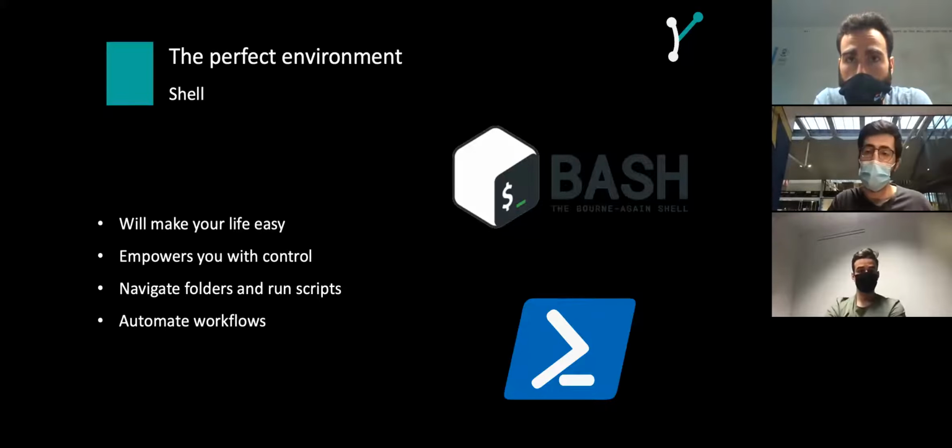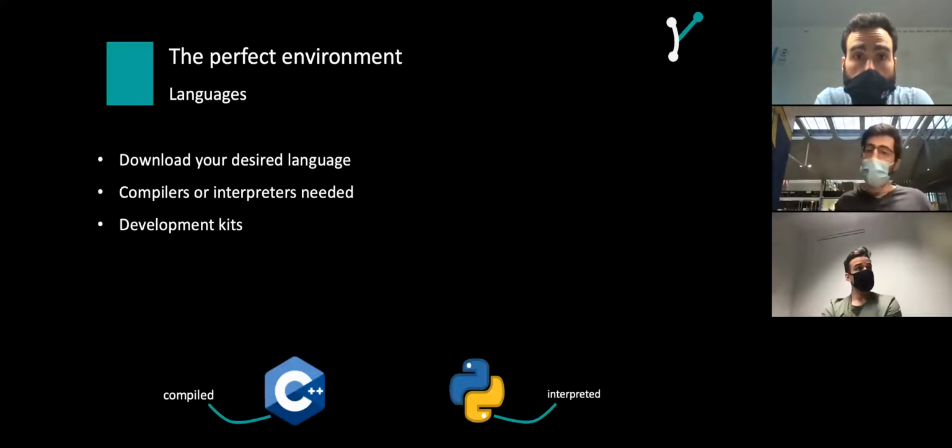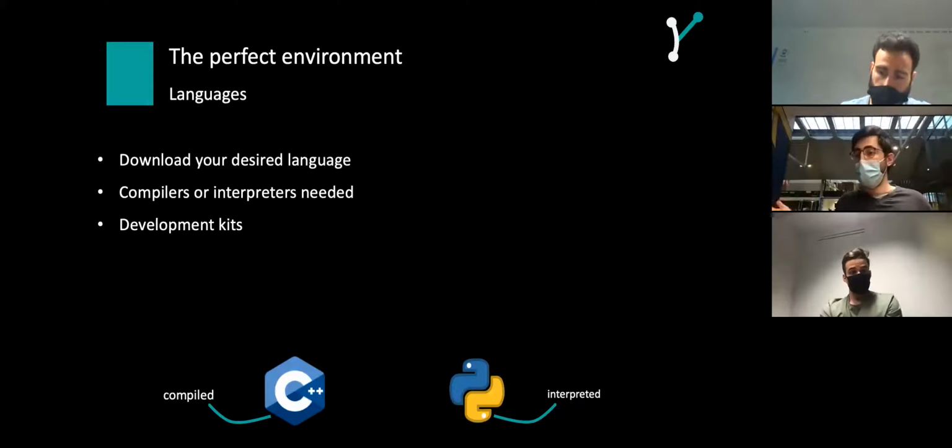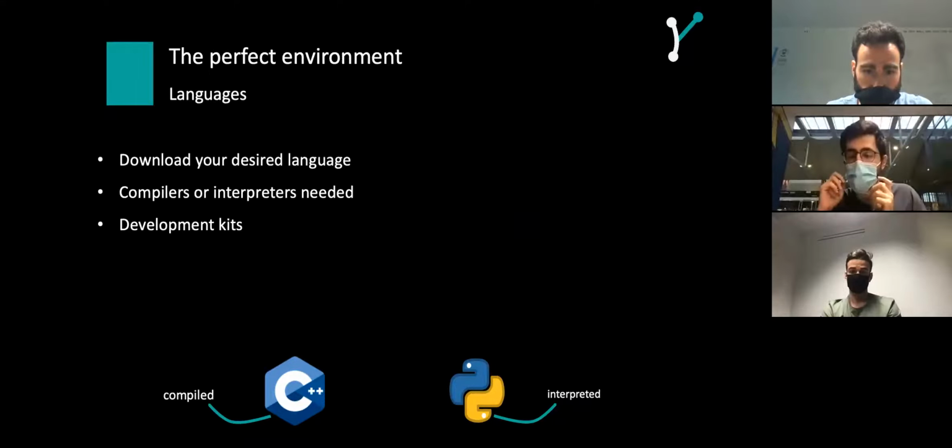The next thing is, well, you want to code, so you need to choose a language and install that language. Usually that includes the runtime, and depending on the type of language you're choosing, you might need a compiler or an interpreter.